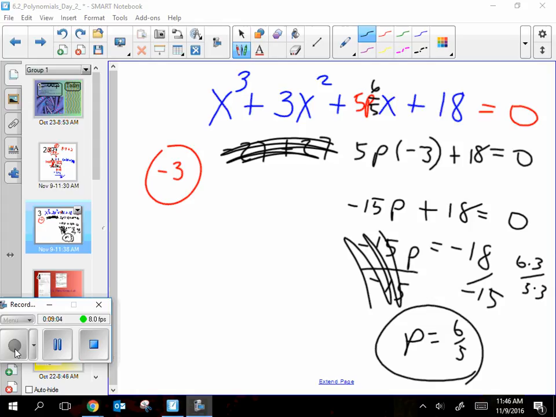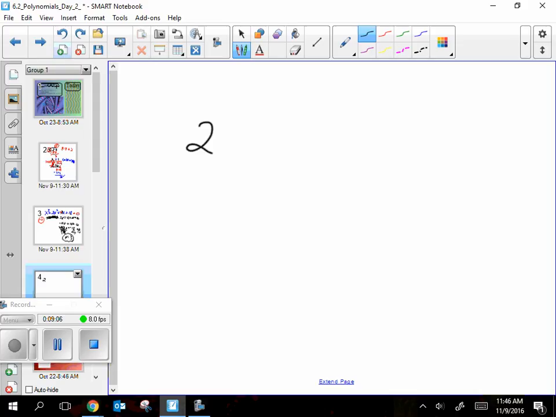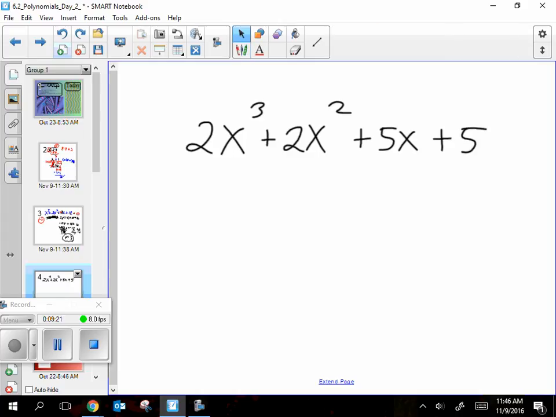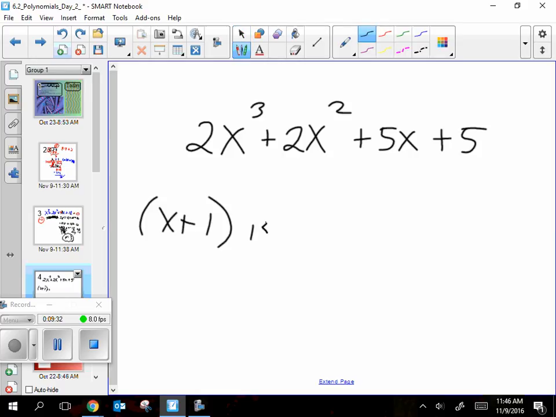Now here's another way to say it that's similar but different. Oh no, here's how they'd say it. X plus 1 is a factor.